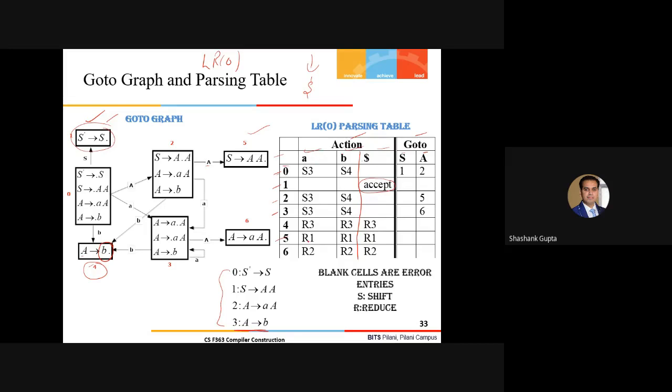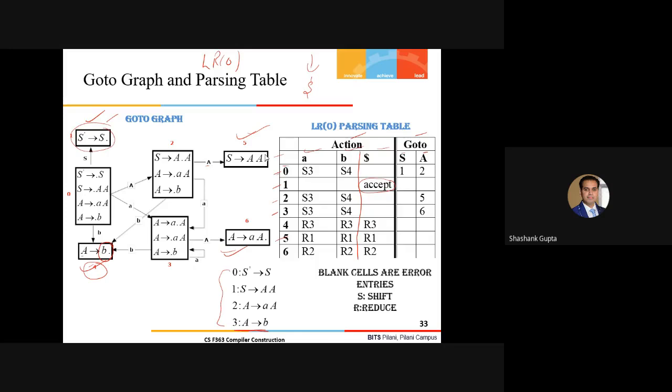So that's why we have written reduce by rule number 1 here. Similarly, with respect to state 6 also, reduce by rule number 2. We call these items complete LR(0) items because we have nothing left to see on the right-hand side of the dot.